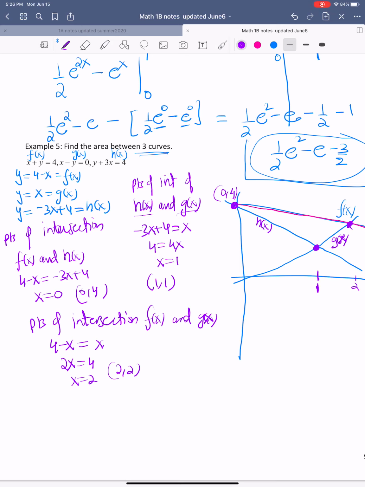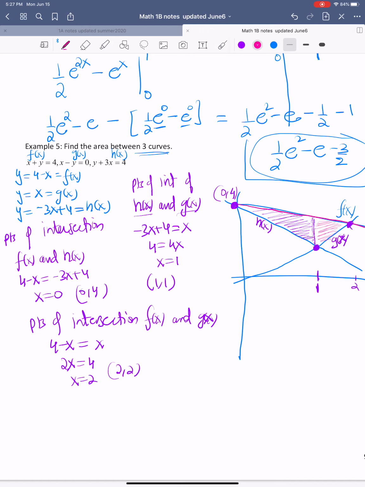Now, since we found the points of intersection, I'm going to delete the work for points of intersection, and I'm going to work on setting up the integrals. So we can divide it into two regions. We can keep the purple region integral, and then set up the integral for the pink region.